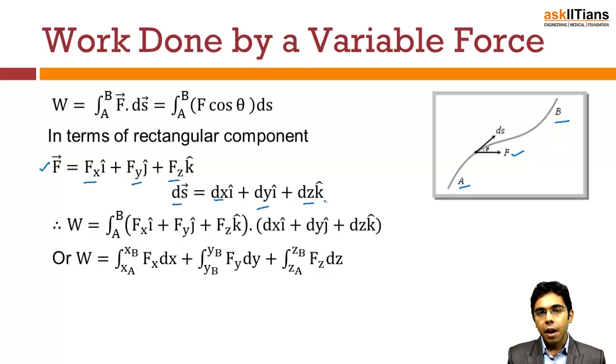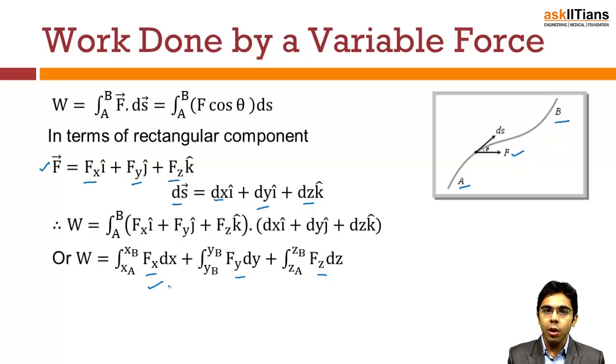So after substituting, for the complete work done, that is the integration of F dot ds from A to B, we get the integral of Fx dx plus Fy dy plus Fz dz. For the first term, it's only Fx dx. That means the force is only along the x direction and the displacement is also along the x direction.